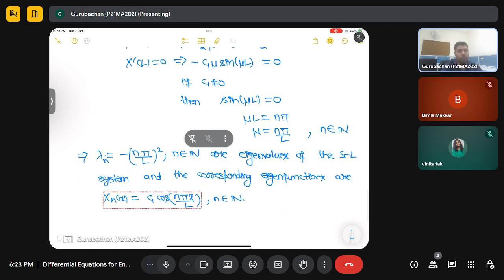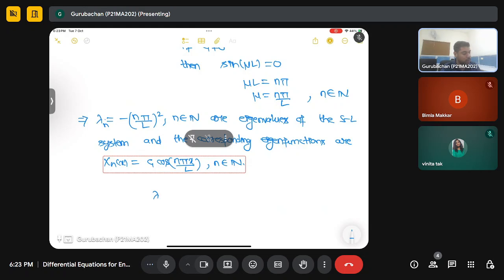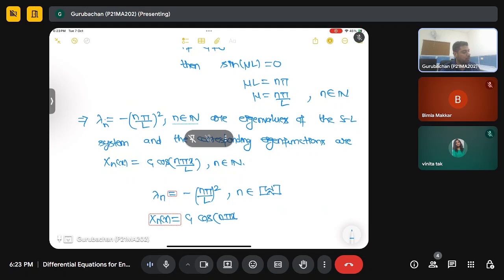Okay, so from here you got your eigenvalue, or you can say if we combine both the cases, we may write lambda_n equal to minus (nπ/L) square, where n can be any whole number, while X_n(x) can be written as some c1 cos nπx by L for any whole number n.